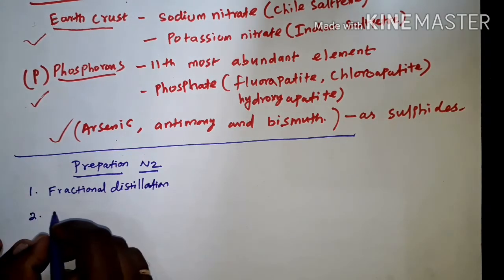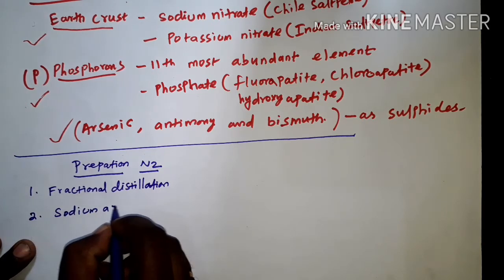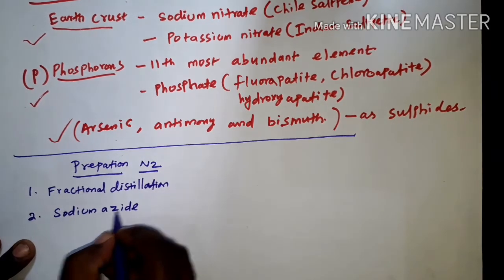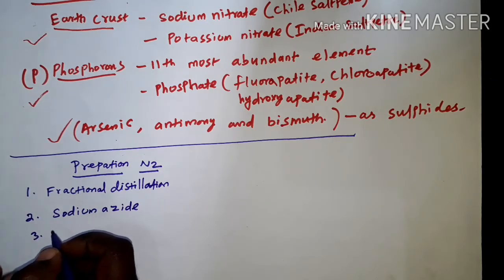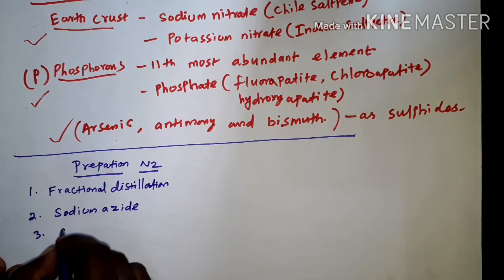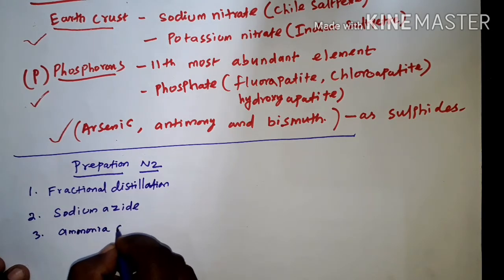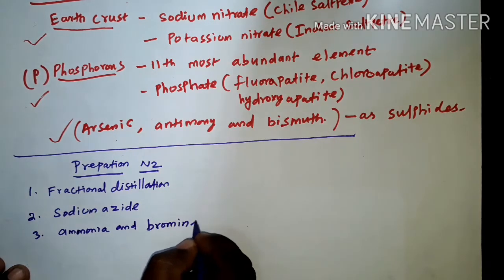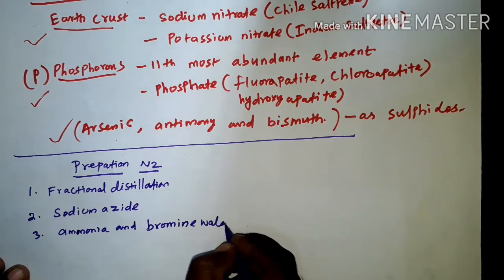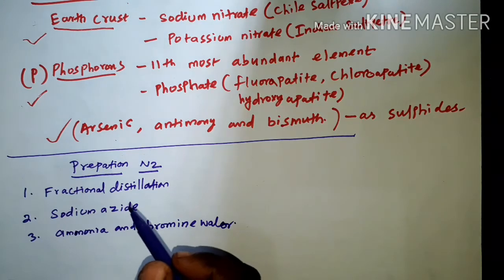Second method, by using sodium azide. Third method is by using ammonia and bromine water. These are the three methods we use to prepare nitrogen.